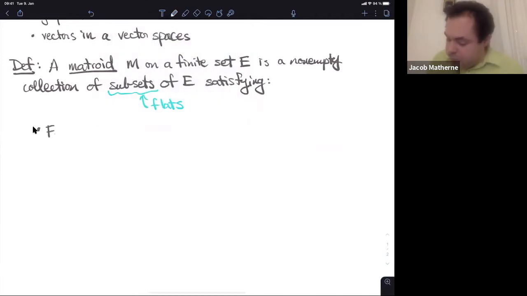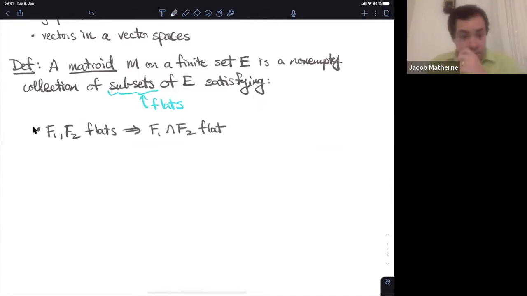And here are the properties that they're going to satisfy. If I have two flats, F1 and F2, then the intersection must also be a flat. So it's closed under taking intersection.